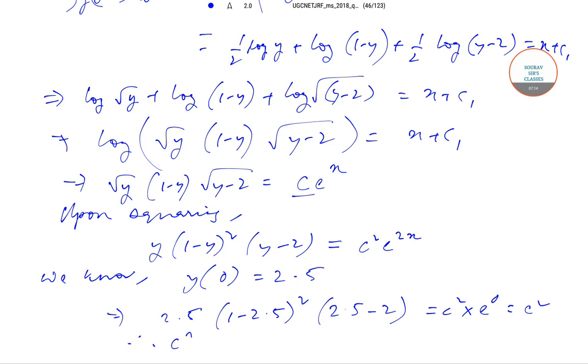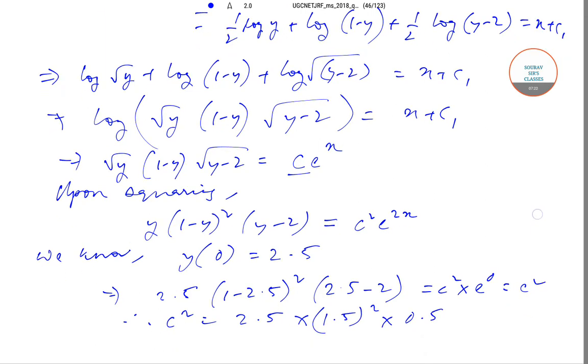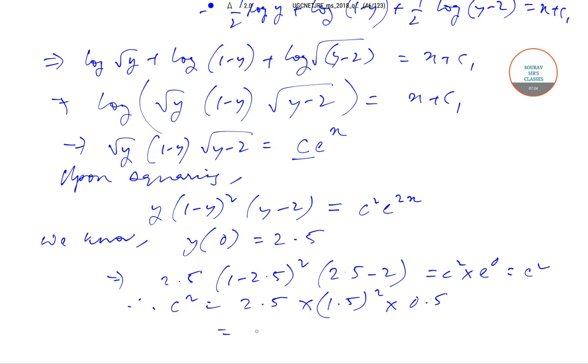So we get c square is equal to 2.5 into 1.5 whole square into 0.5. So this will give us 1.25, and 1.5 into 1.5, basically this will be equal to 2.25, and this will be some value we'll be getting.